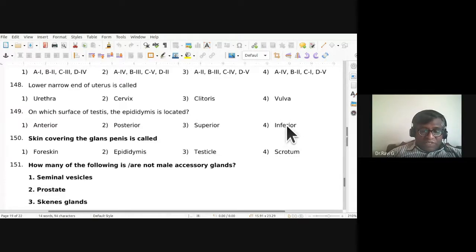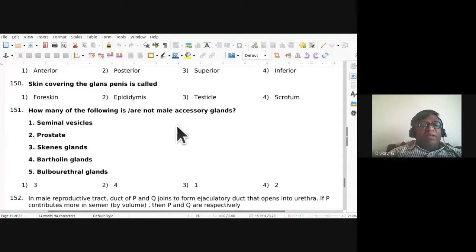It is the posterior surface of testis. The skin covering the glans of penis is called foreskin, epididymis, testicles, or scrotum? It is called foreskin. So for 150th, the first one is the right answer.